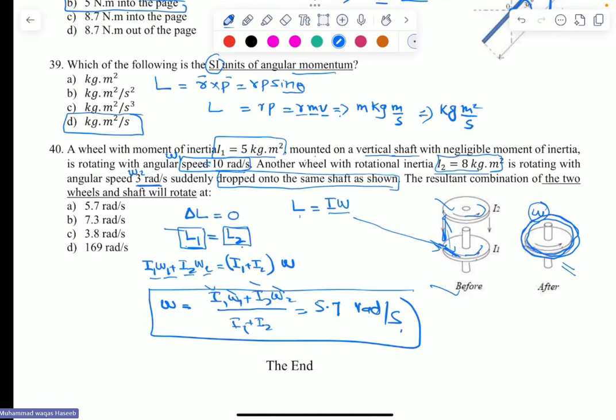After the collision, they combine into one. In the previous case, mass is added; in the case of rotational motion, their moments of inertia are added, and they move with a constant velocity. We need to find that angular velocity, about which they are moving after you put this on the shaft. We calculated this, and we get 5.7.